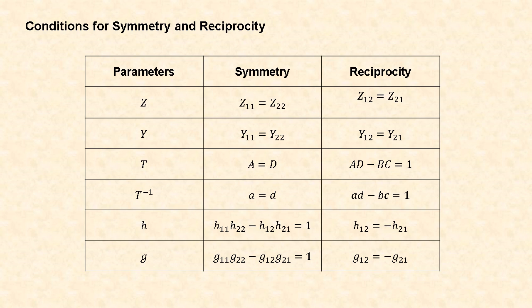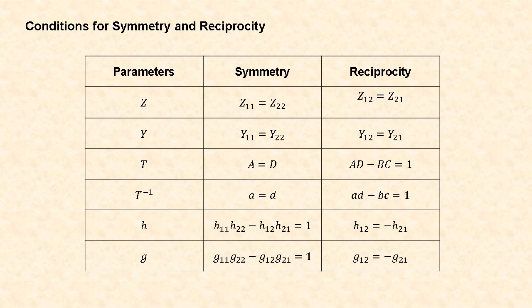The reciprocity condition is Y12 is equal to Y21. And for transmission parameters, the symmetrical condition is A is equal to D, and the reciprocity condition is AD minus BC is equal to 1. And for T inverse, that is inverse transmission parameters, small a is equal to D, and the reciprocity condition is AD minus BC is equal to 1.